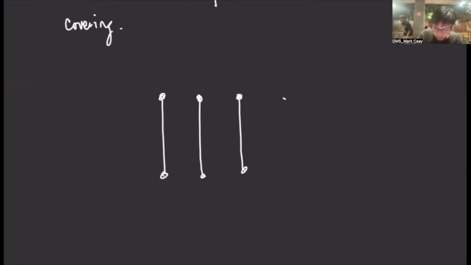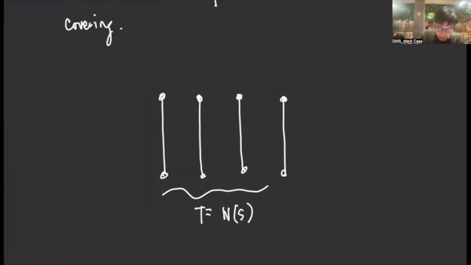Let's say this is our T equals the N of S. And so on. So we have additional vertex here.